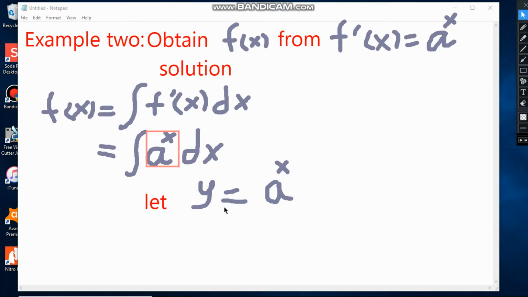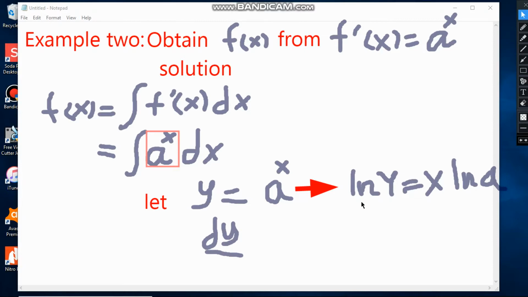So when we apply ln, it becomes ln of y is equal to x, which comes down to this position, and they will remain with ln of a. And ln of a, mind you, is a constant. So when we differentiate this expression, we get dy over y is equal to constant ln of a dx.